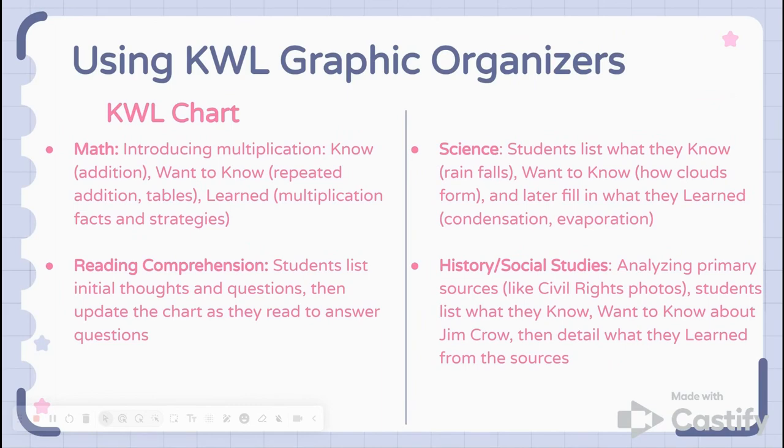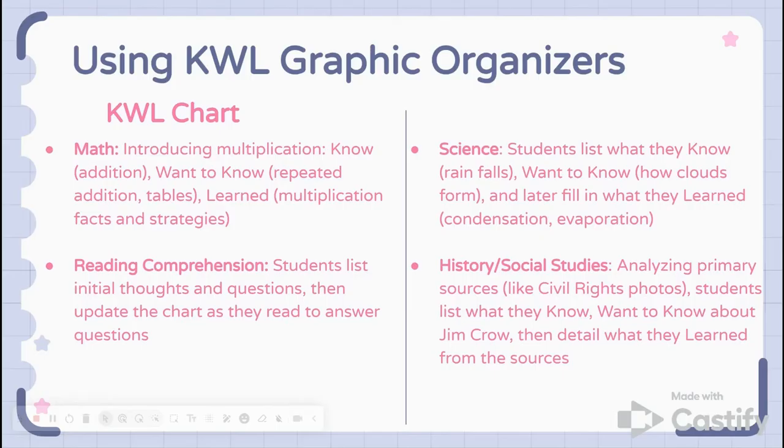Or maybe in reading comprehension, students list initial thoughts and questions, then update the chart as they read to answer the questions. Or in science, students list what they know, rainfall, what they want to know, how clouds form, and later fill in what they learn, condensation, evaporation.